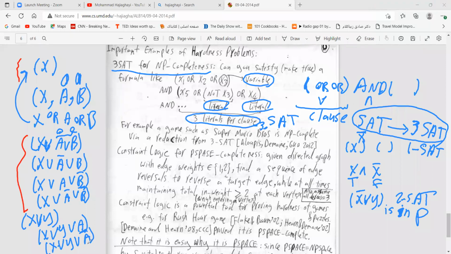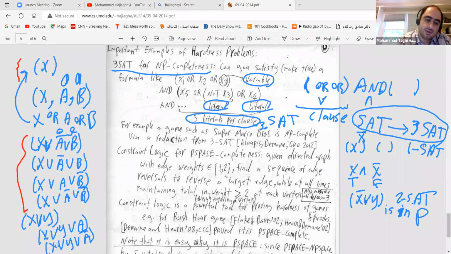Good. Again, a and a bar, one of them would be false. It means that in that case, it forces x or y to be correct. So that's how we could solve it.